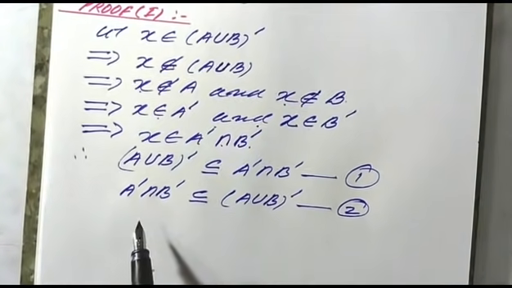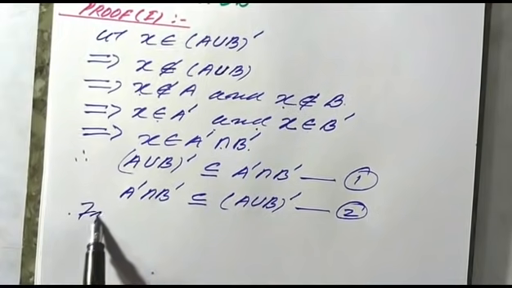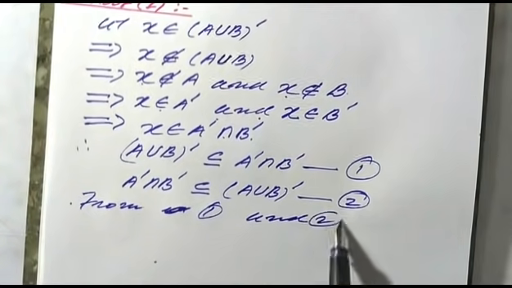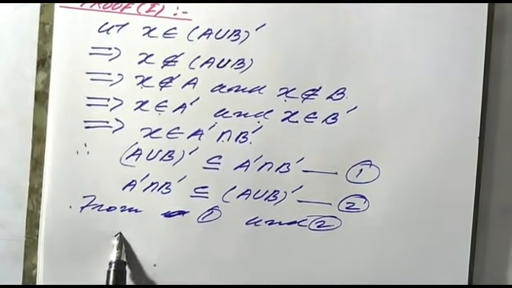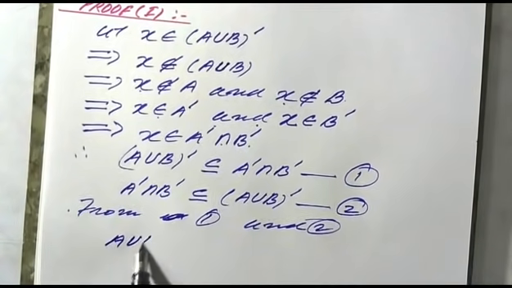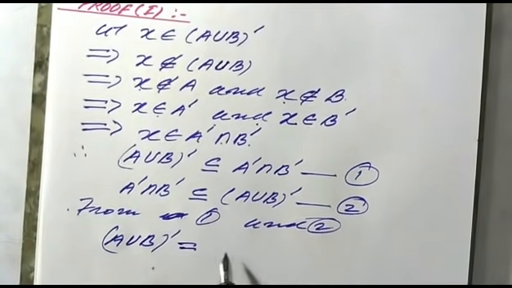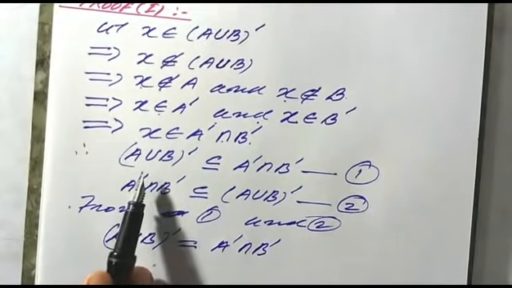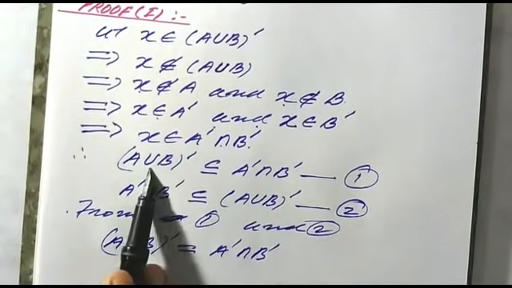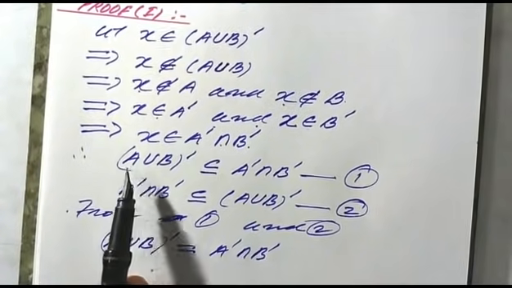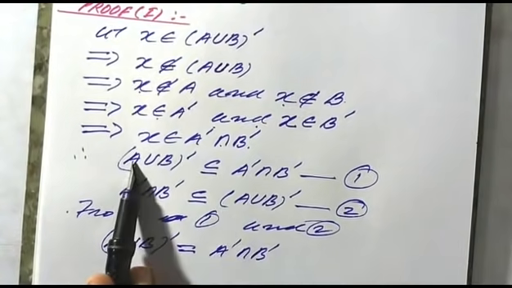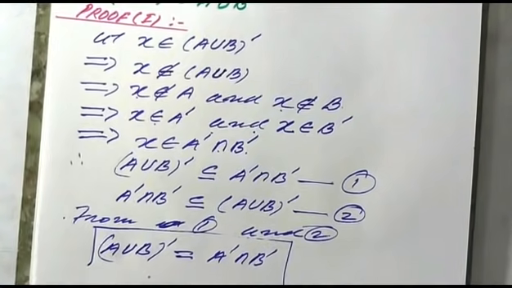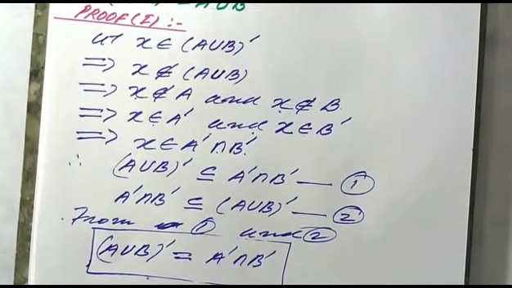Then from equations 1 and 2, A union B complement is equal to A complement intersection B complement, because it is only possible when these two sets are equal to each other, that this is a subset of this and this is a subset of this. So in this way we have proved the first De Morgan's law, and the second De Morgan's law you should try yourself.